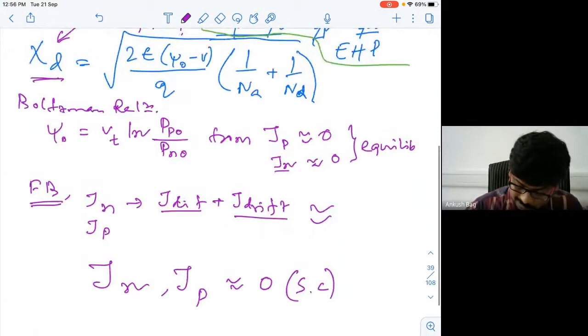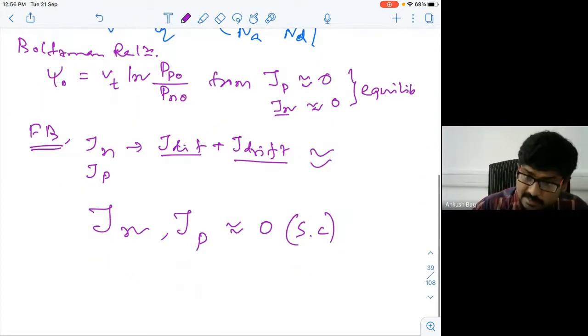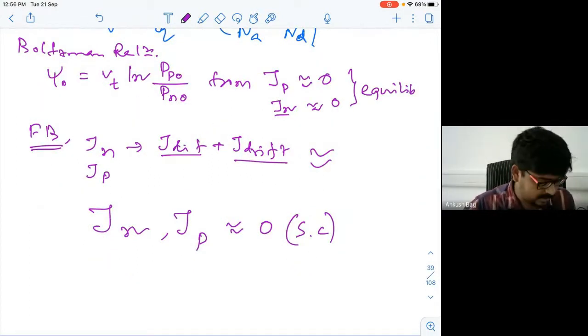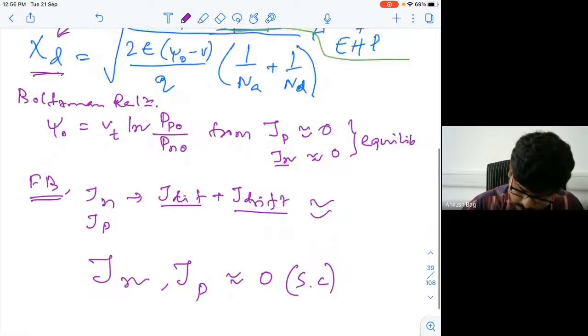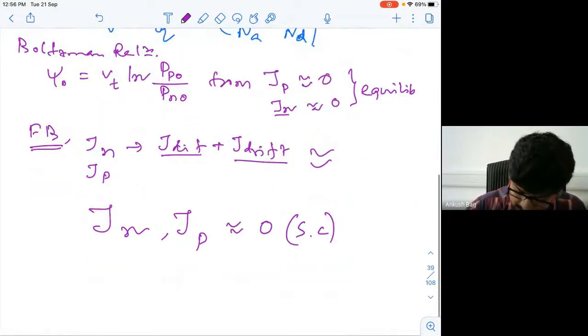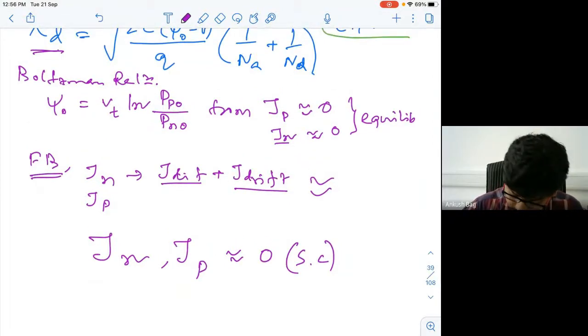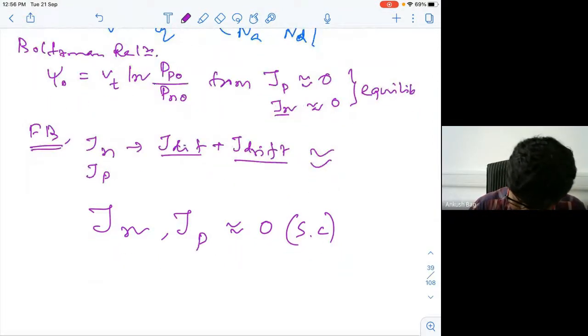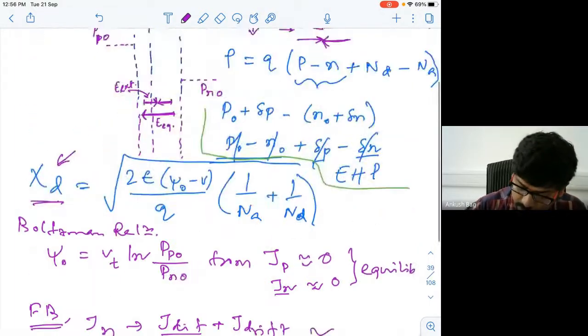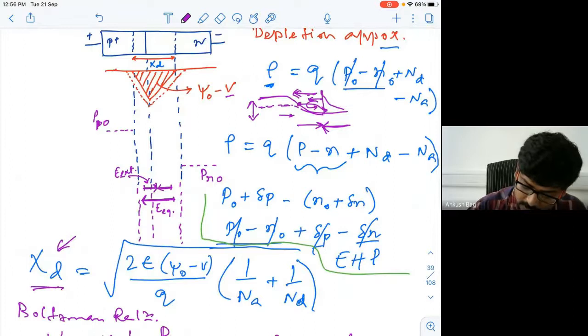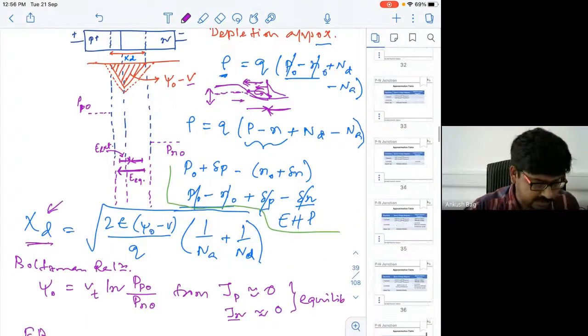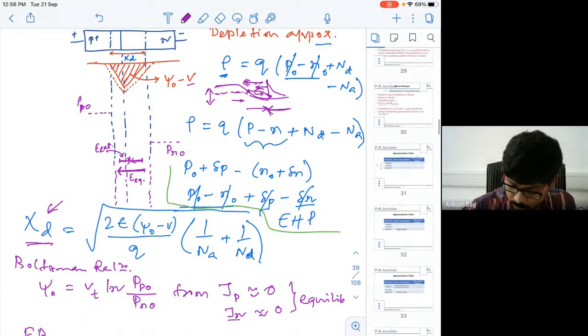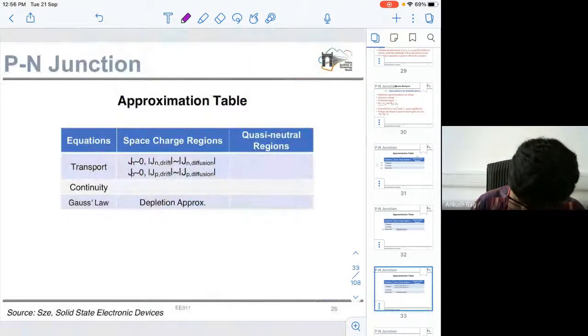I'll stop here today. I'll not go further. Just remember that still Jn and Jp equal 0 under space charge. Now in our approximation table, we have considered another condition.